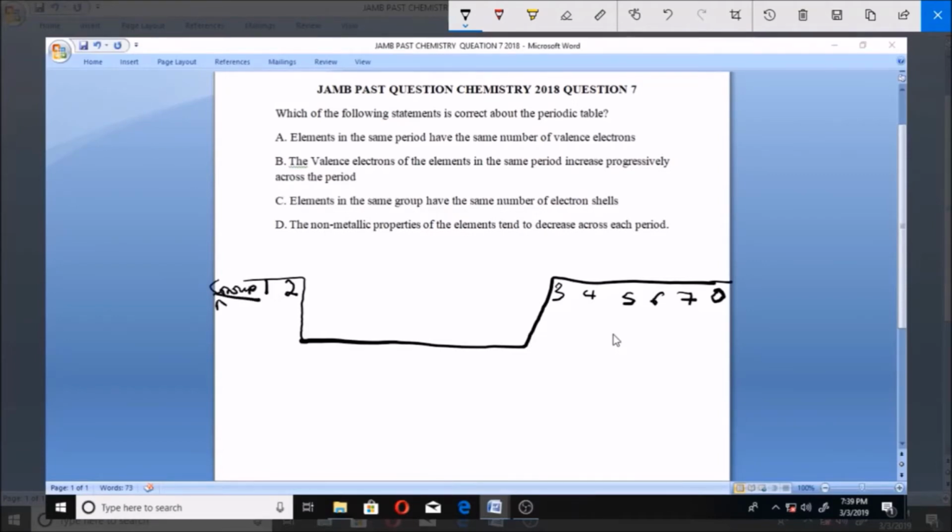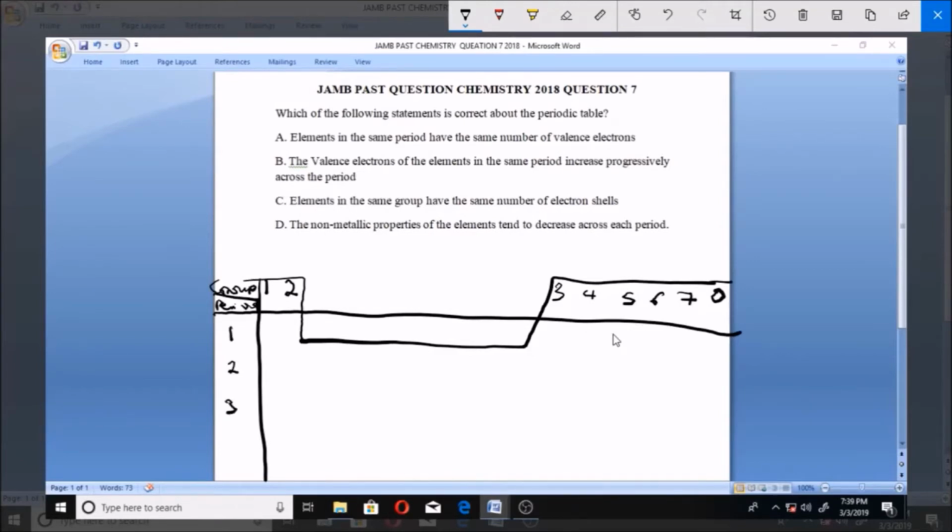Now we have what we call the period. You have periods 1, 2, 3, 4, 5, 6, 7. So you have 8 groups and 7 periods. That is what we have as the periodic table.